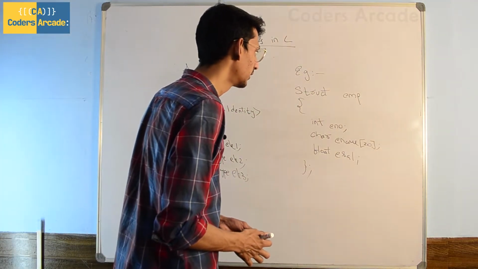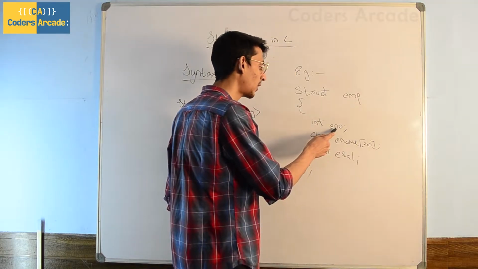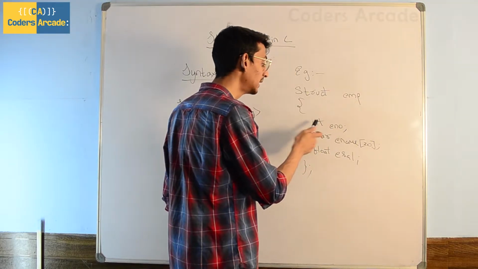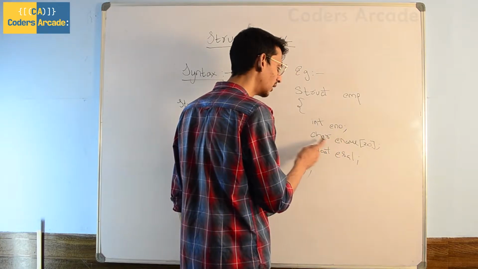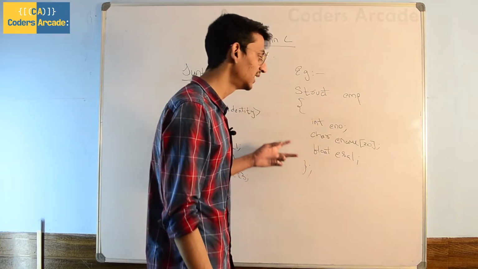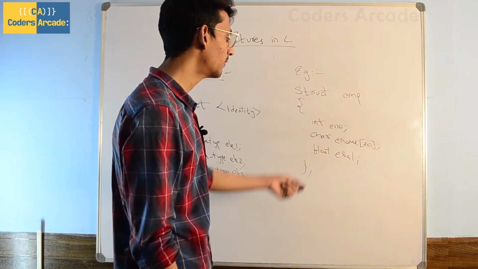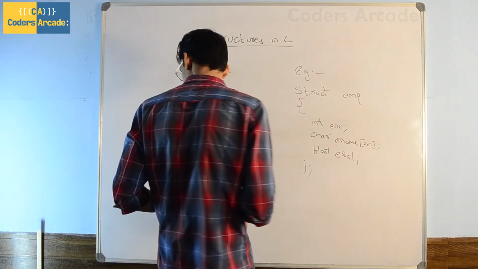Here we created a structure of an employee. In our structure we have employee number, which has the data type of int, employee name, which has a data type of character, and employee salary, which has a data type of float. So here you can see we have a collection of more than one element of different data types inside our structure.